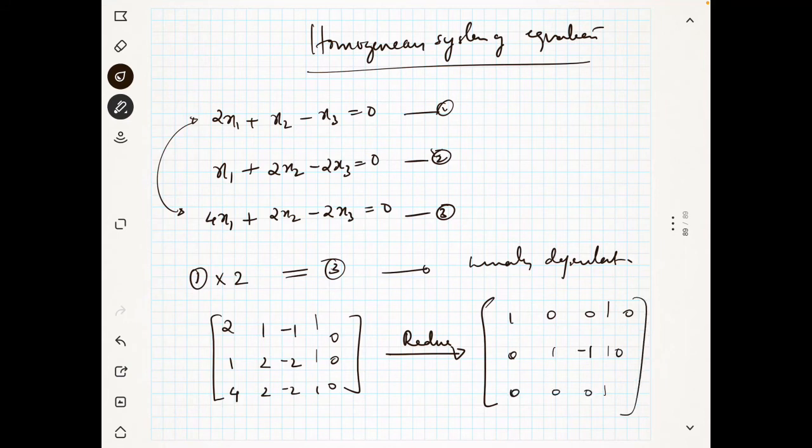Now how can you reduce like this? By using row operations. You know how to perform row operations. I have solved many problems, 4 or 5 problems. So by row operations, we will get the above form. Okay, so I will rewrite it.